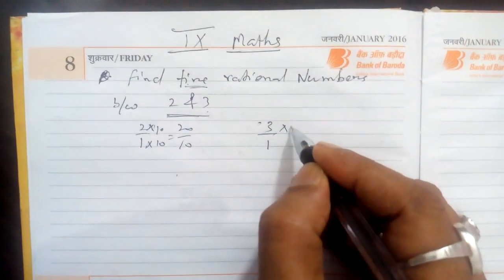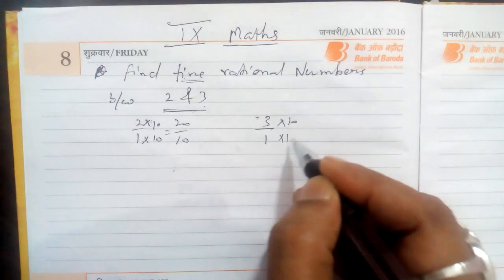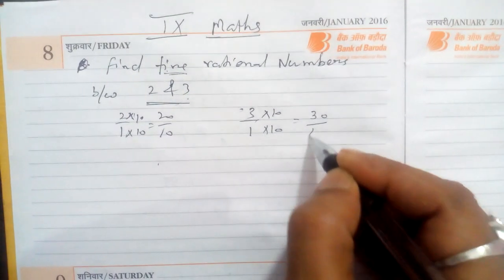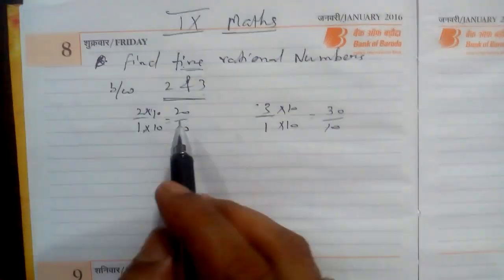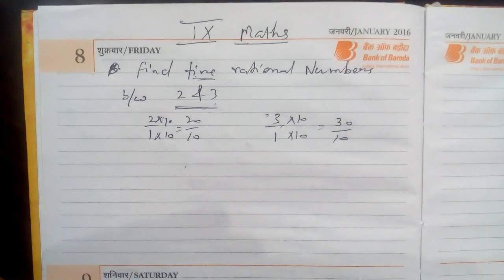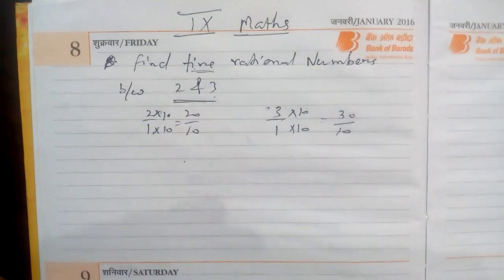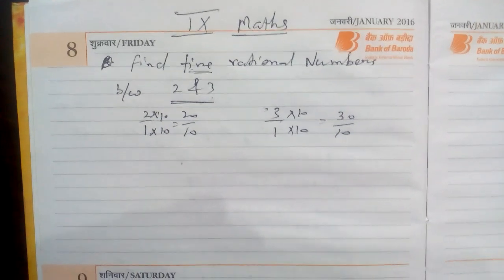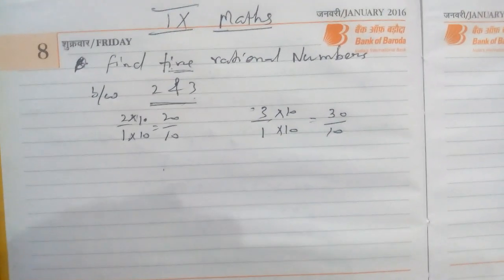And here 3 into 10 over 1 into 10, you get the equivalent fraction 30 by 10. Between 20 and 30 you are getting 21, 22, 23, 24, 25, 26, 27, 28, 29. There are 9 numbers between 20 and 30.